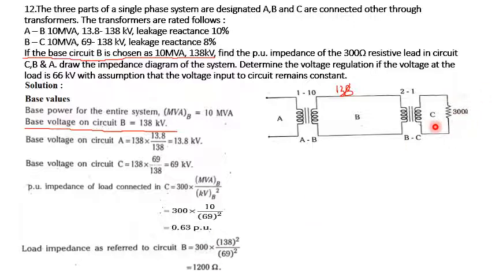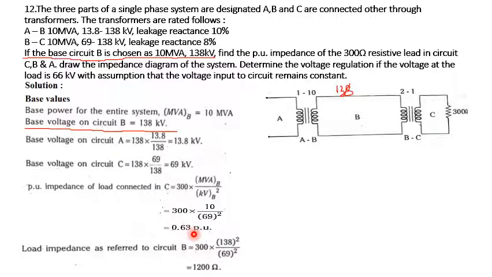Okay, this is the value we got, 0.63 per unit across the C circuit. And having the reactance of 300 ohm, I have to calculate from C to the B circuit what is the value of the impedance or the reactance across the B circuit.